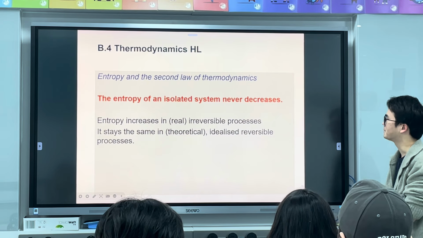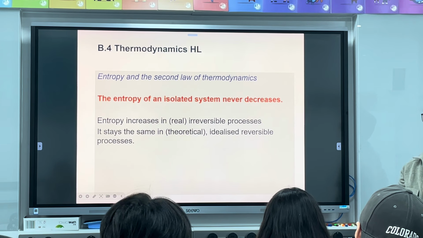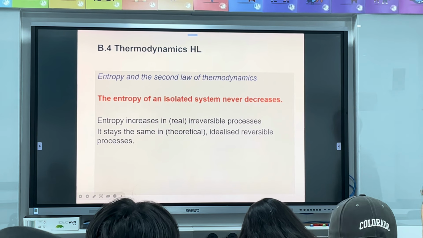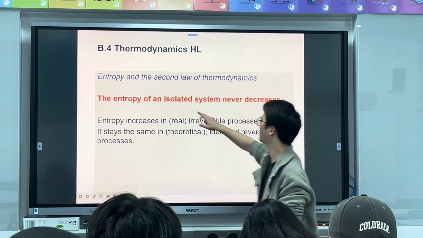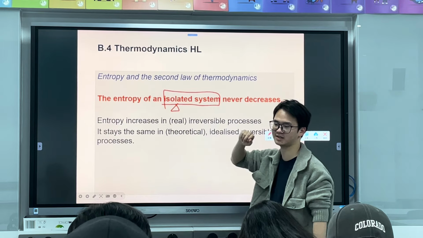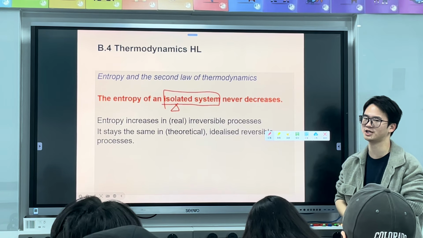All right. So this is basically the essence of the second law of thermodynamics, that the entropy of an isolated system never decreases. Okay, pay attention, it's isolated system, not closed system, which means not even energy changes, okay?